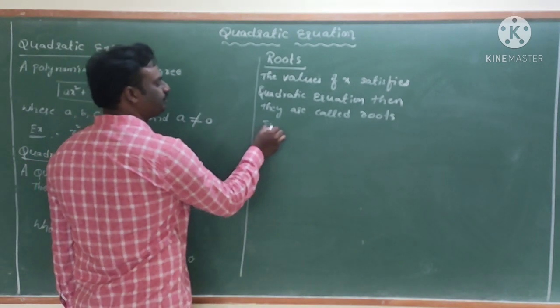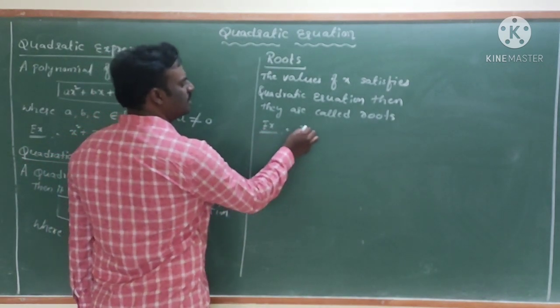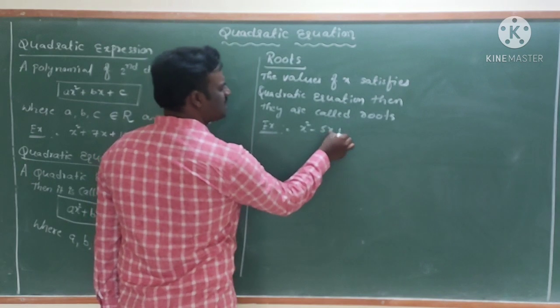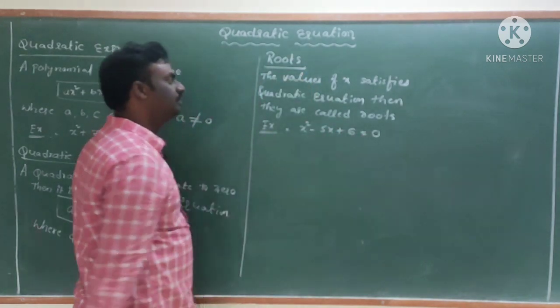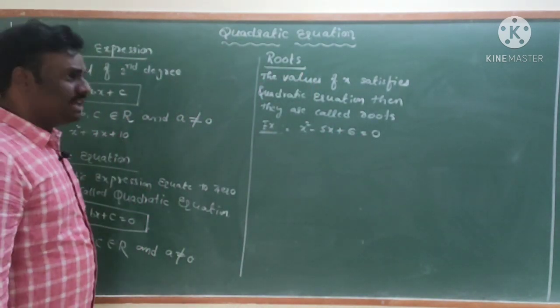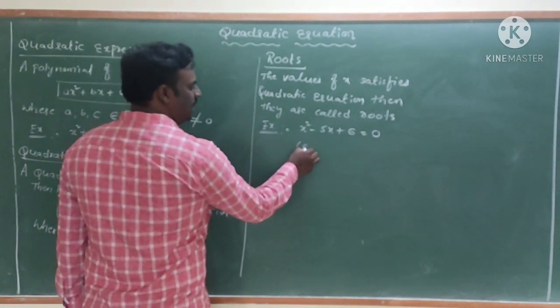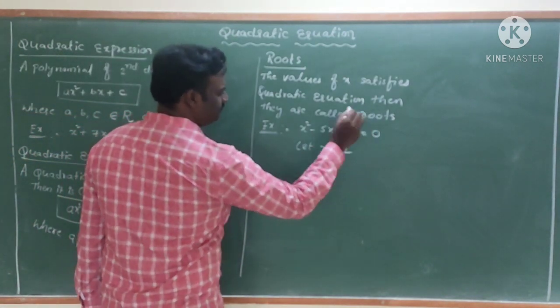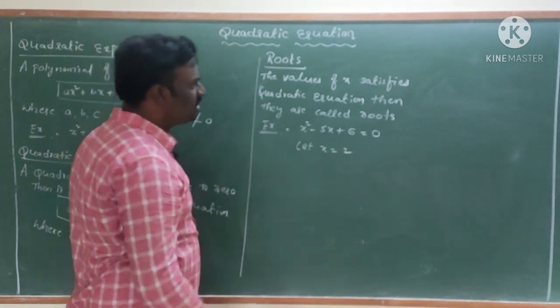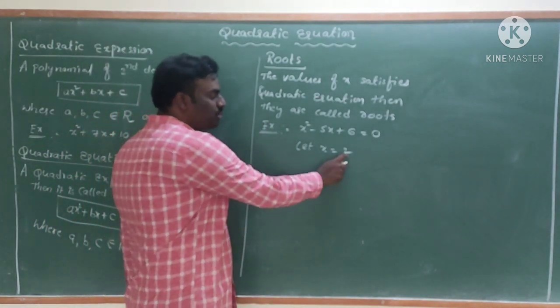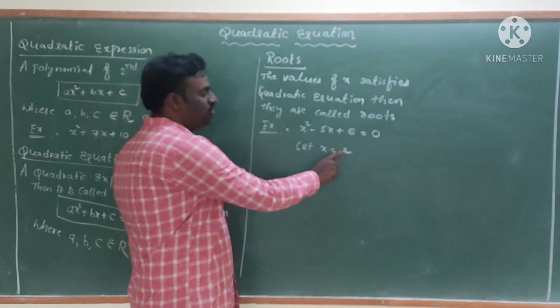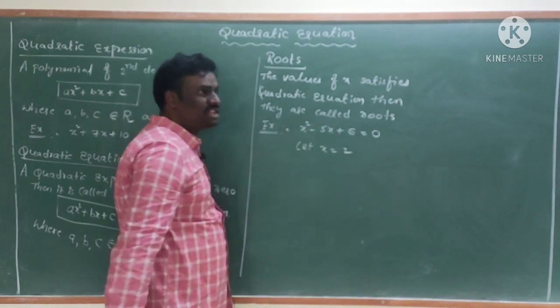Example, x square minus 5x plus 6 equals 0. It is a quadratic equation. Let x be equal to 2. According to the definition of root, if 2 is a root of the quadratic equation and you substitute here, we get answer 0.